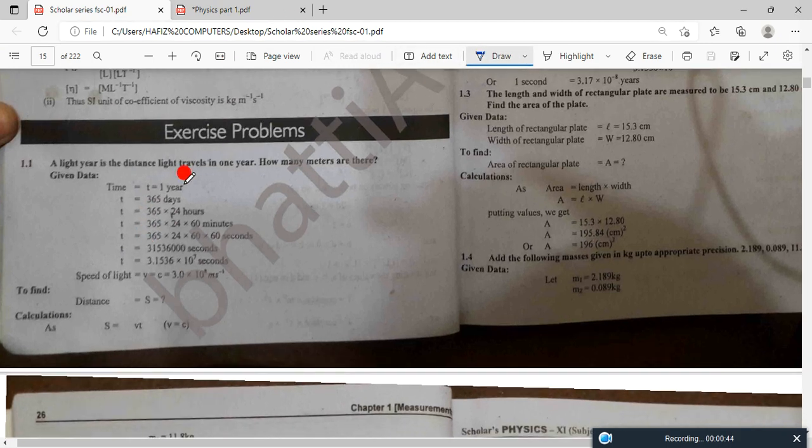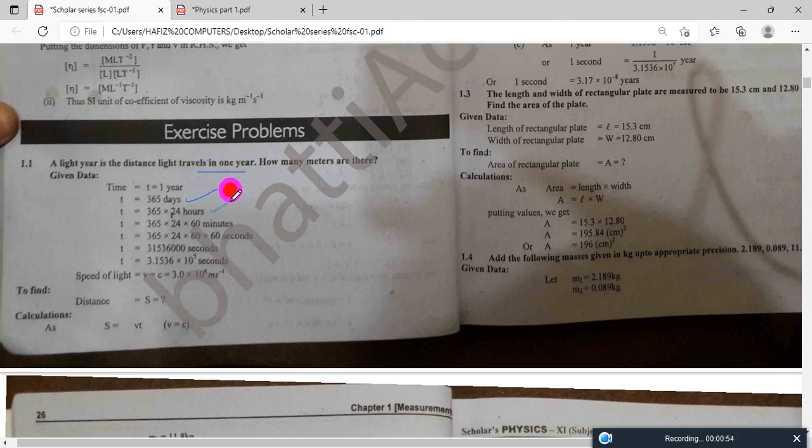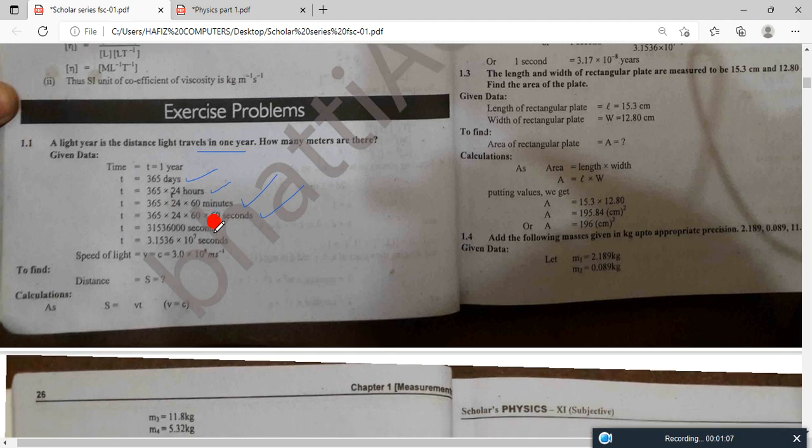Given data: time t is equal to 1 year. In 1 year there are 365 days, each day contains 24 hours, each hour contains 60 minutes, and each minute contains 60 seconds. So we will multiply 24, 60 and then 60 again to get the seconds in a year.